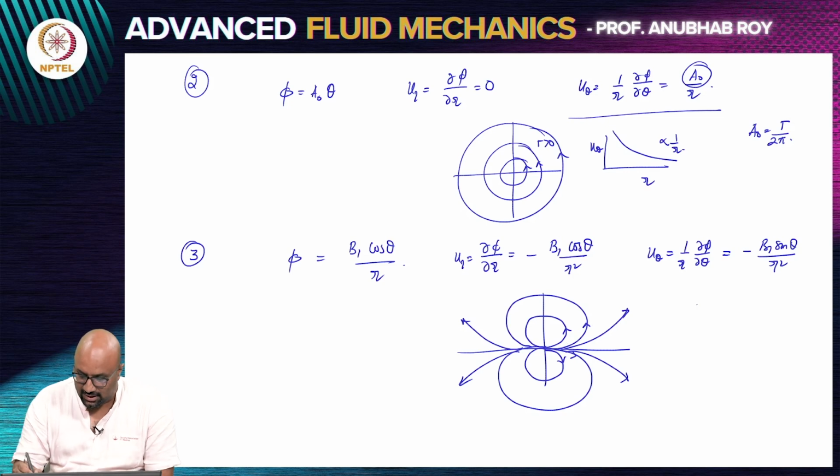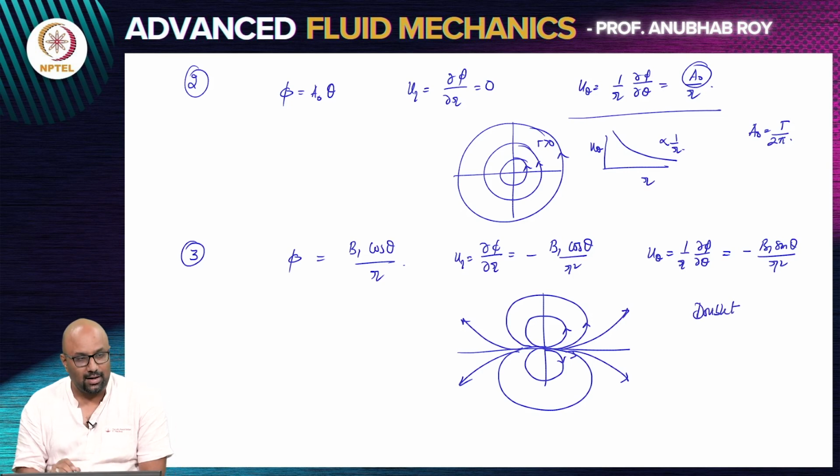Now, this is known as a doublet, a potential doublet, and it is also known as a source dipole or a potential dipole. And the question is, why do we call it a dipole? What is the reason for calling this a dipole, and can we anticipate this velocity profile?